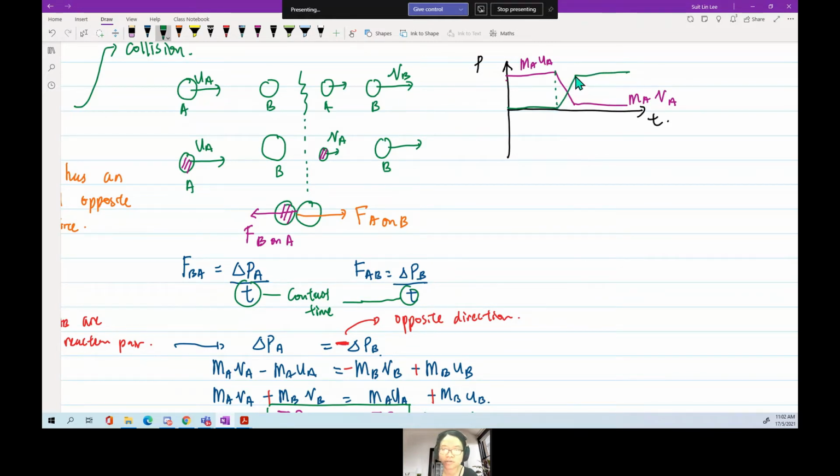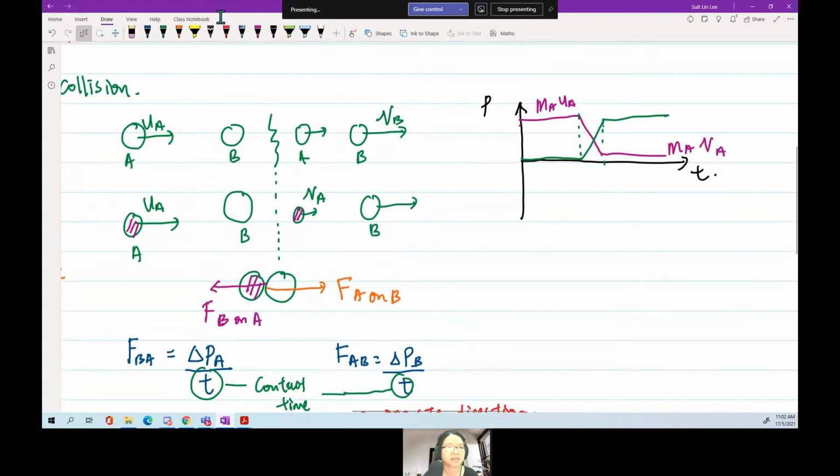And if you have done your semester 1 test paper, we have set a question like this. We have shown that the change in momentum of A, meaning this is the change in momentum of A, decrease, delta PA is the same as the change in momentum of B. Okay, this is delta PB. They are the same.